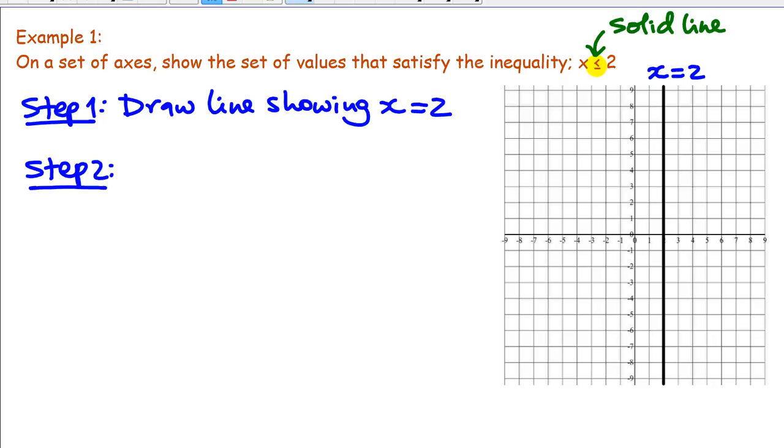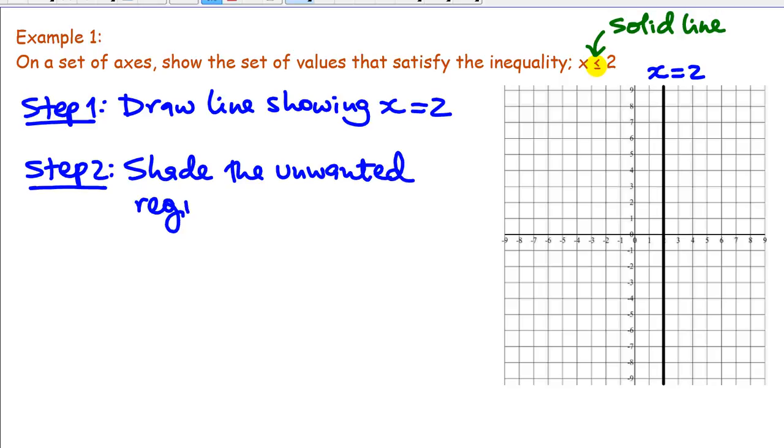And then step 2, shade the unwanted region. So we want to shade the unwanted region here. Now, remember the inequality is x is less than or equal to 2, which means that, remember, this line actually divides this plane into two parts.